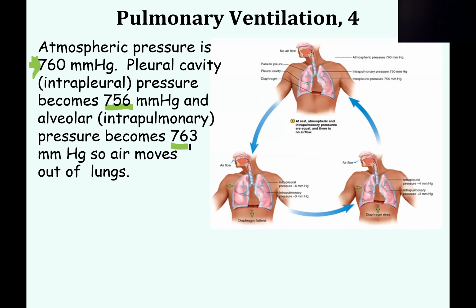And the alveolar pressure is going to raise to 763. So air is going to move out of the lungs. So over here you see +3, meaning 760 +3, and -4, 756 millimeters of mercury. So alveolar gas exchange has a bigger impact on expiration.